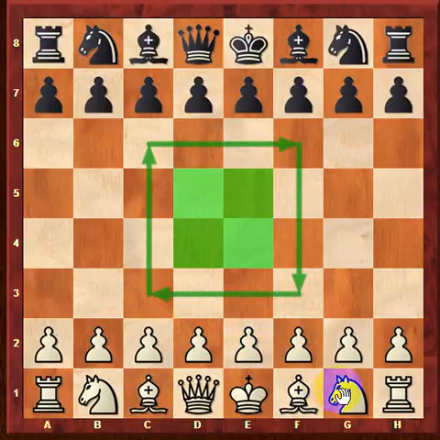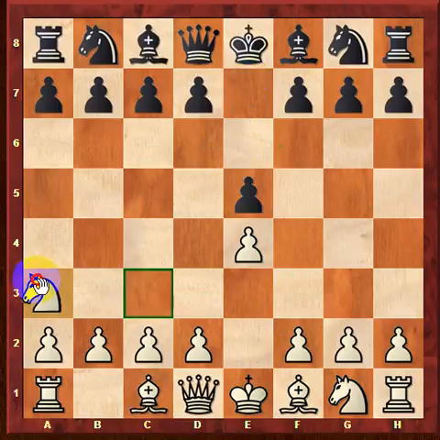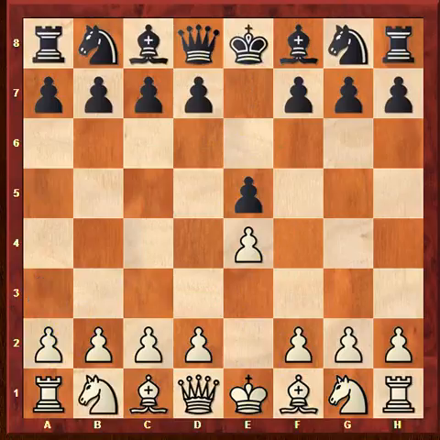The second principle is to develop your pieces with a purpose. What do I mean by that? Okay, let's say in a scenario you play e4, e5. It would be pointless to play the knight here, because honestly it doesn't do anything. Could be playable, but it doesn't do anything. So the second principle means develop with a purpose.